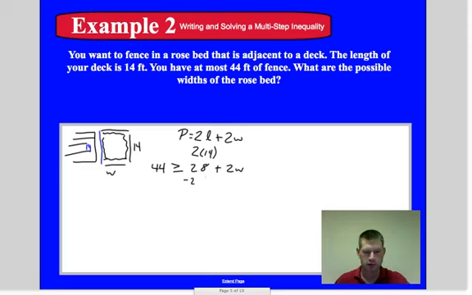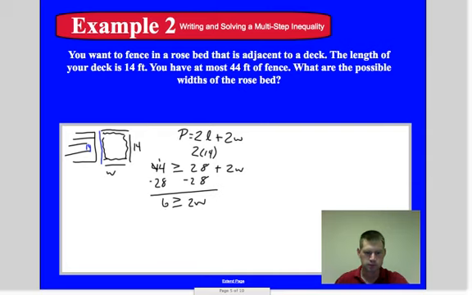So we're going to subtract 28, just like an equal sign. We get 2w on this side. Still, because we're just adding and subtracting, the sign stays the same. So when we take 44 minus 28, we have to borrow.